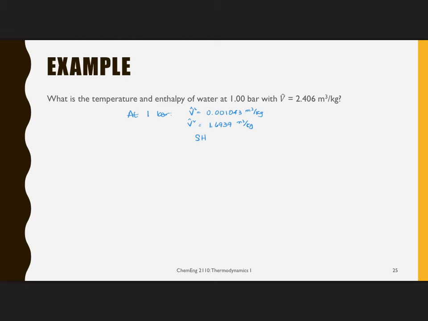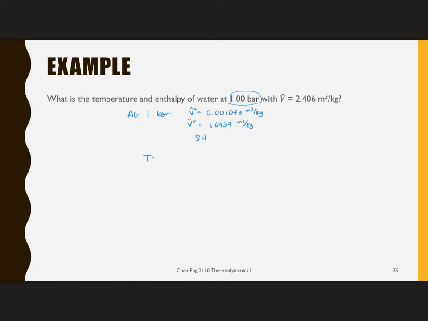Now, if it's superheated and I want to know anything at all about it, then I next need to go to the superheated tables. So flip to the superheated tables and find 1 bar in the superheated table. When you look this one up, scroll through the table until you find 2.406 meters cubed per kilogram, and you'll find that this is an entry in the table.